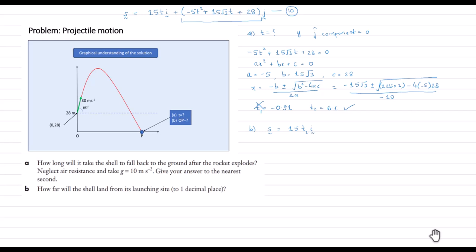Yeah. So just put the value of t2. It will be 15 times 6.1 i. So in terms of the distance, it will be 91.5 meters.